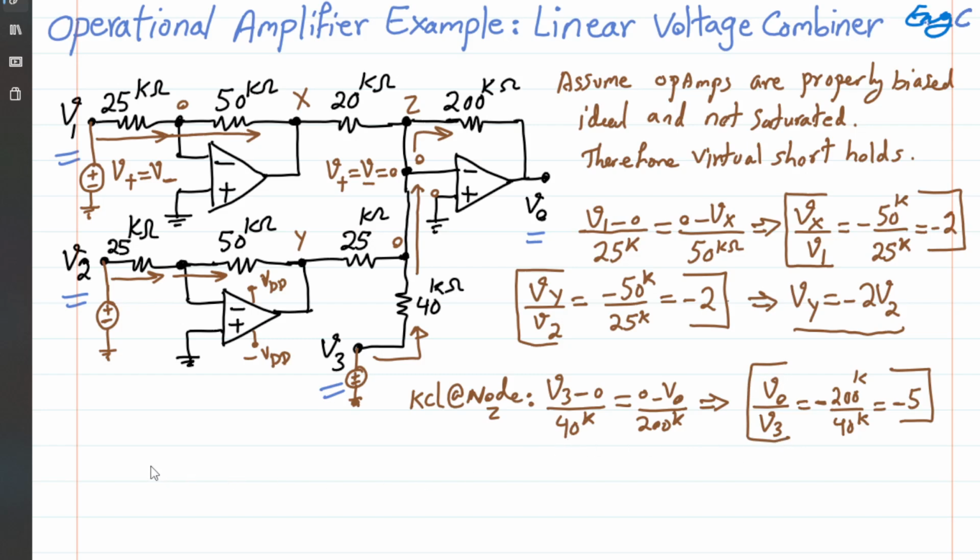Now we can combine all these things and remember that the same thing applies. For the same reason, we can see that from X to out, there is a gain of 200 over 20K. So V out over Vx is also equal to negative 200K over 20K, which means negative 10.